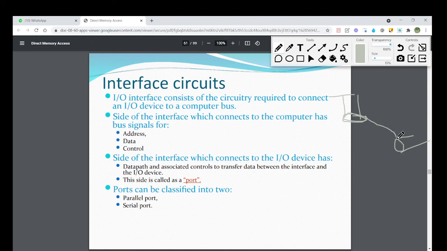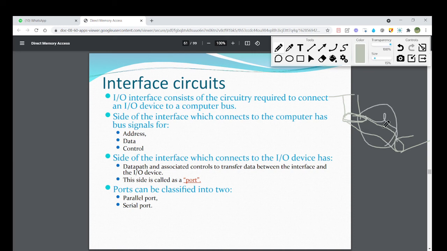Then only can we smoothly connect these two devices.